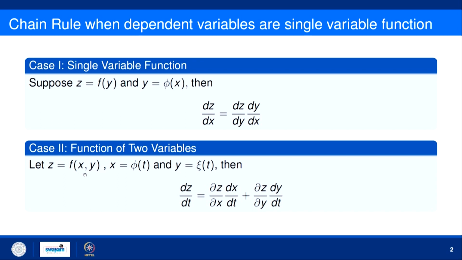Since it becomes a function of one variable, instead of a partial derivative we use the total derivative, that is dz by dt. So how can we define dz by dt? Because z is a function of x and y, which are in turn functions of t, this is simply del z by del x into dx by dt plus del z by del y into dy by dt. This is how we define the chain rule for two variable functions.